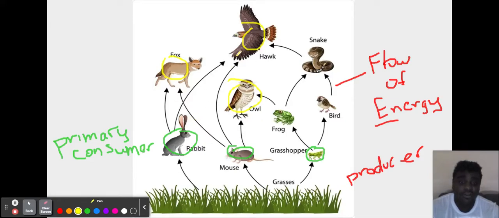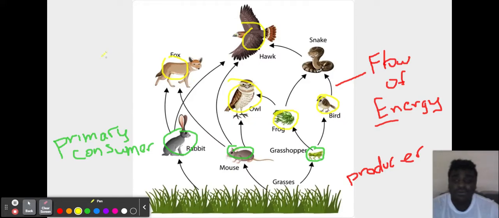So this is the interconnection. You see, the mouse is also going to the fox, and the rabbit's going to the fox, and the mouse is going to the hawk, and the rabbit's also going to the hawk. So now we can see there that each of these greater consumers have many food sources, not just one, like the food chain would have us believe, right? And the grasshopper is going to the frog, so there's also going to be in the bird.